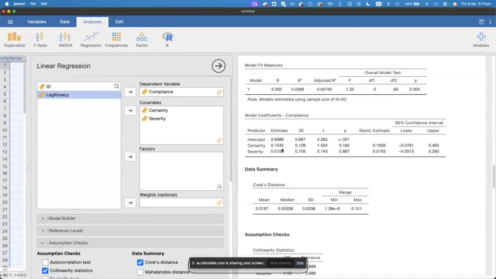It all comes down to the regression formula. So y equals intercept plus independent variable 1 plus independent variable 2. So if the value of certainty and severity was 0, what would the dependent variable, compliance, be?